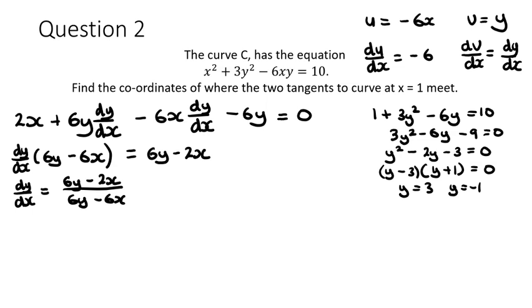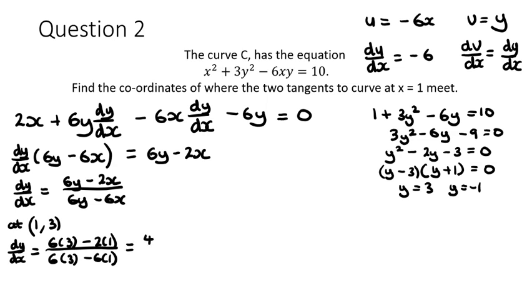So now we've got two places where x is going to equal 1, with different values of y. Firstly, I'm going to find the gradient when x is 1 and y is 3. So if I sub that into 6y minus 2x over 6y minus 6x, because unlike most problems you're used to, you do need to have an x and a y coordinate here to find your gradient, we get 4 over 3.